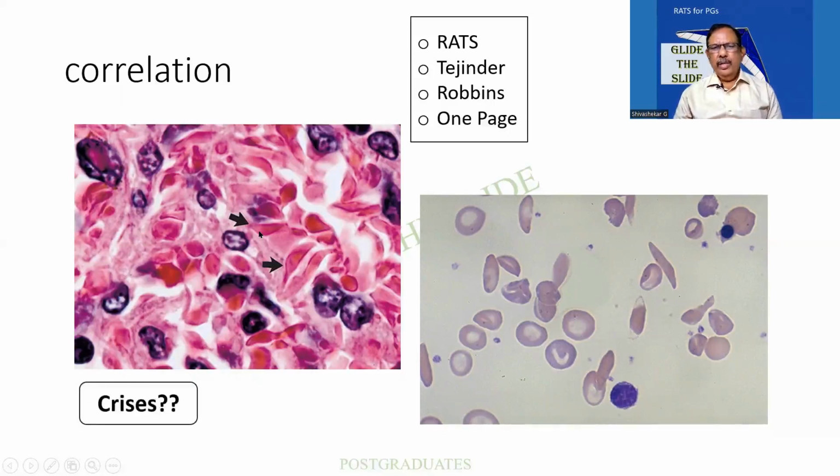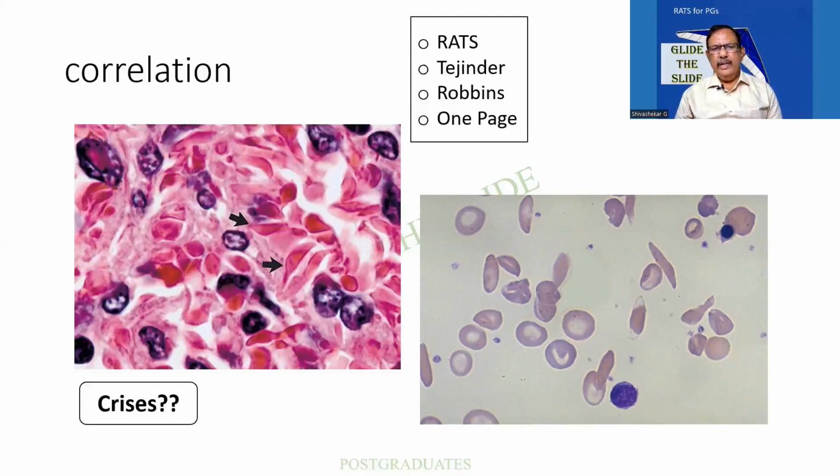Now, another additional question for our knowledge, so that, as I told you, the slide should take us to the question: what are the crises we can see? One is a sickle cell crisis. There can be an occlusion, particularly the sinusoids. Secondly, if it is going to be within the bone, there can be something like a carpal tunnel syndrome because of the sequestration.